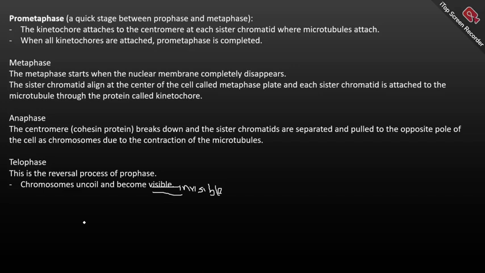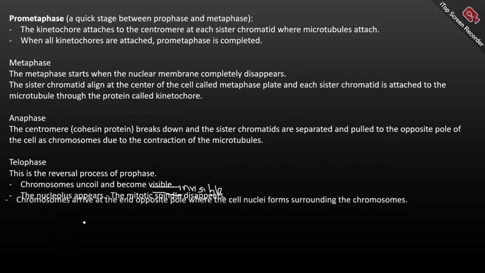Then what else? We said the nucleolus is going to do what? Disappear. In this stage, the mitotic spindle, which appeared in the prophase, is going to disappear in the telophase.